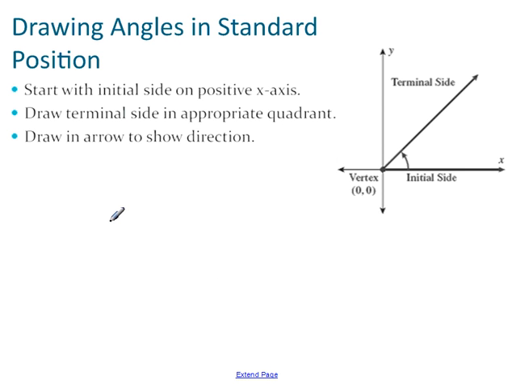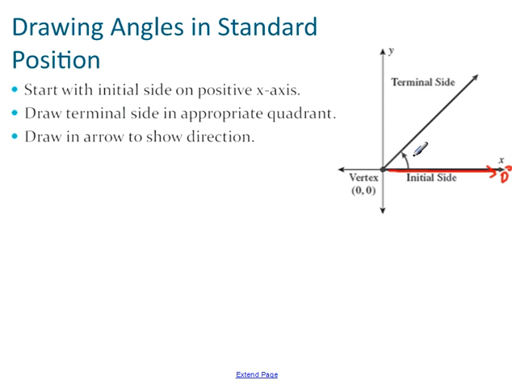So if we're drawing an angle in standard position, we have a couple steps we're going to follow. First thing, the initial side is always going to start here on the positive x-axis. The reason for that is on a Cartesian plane, that is always 0 degrees, or 0 radians when we get into radians. So because of that, the initial side, or where the angle measure initiates, has to start there. Then, based on whether the angle is positive or negative, we draw either clockwise or counterclockwise.